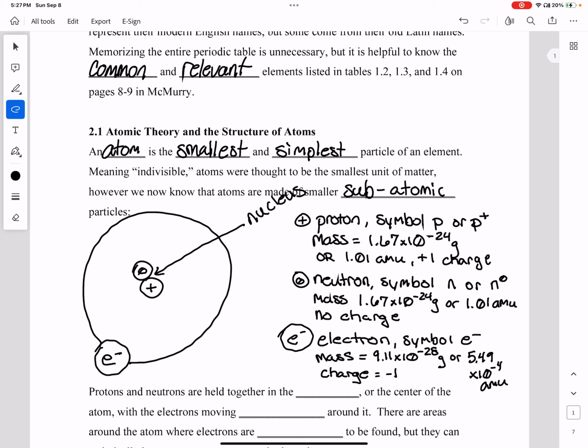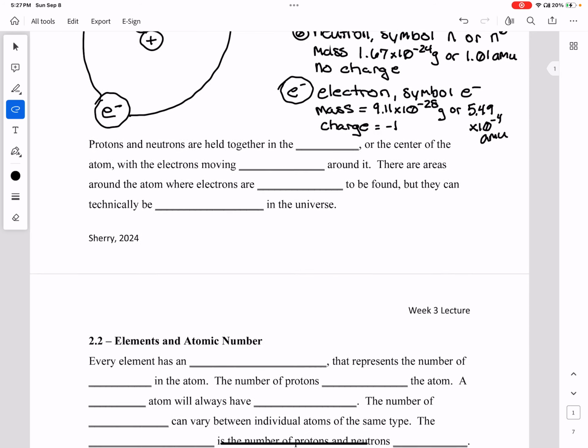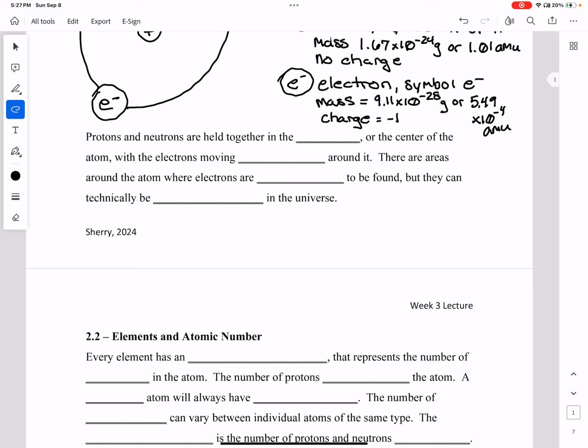So an atom, if it's going to be neutral, is always going to have the same number of protons and electrons. If you have an imbalance between the two, it's called an ion. It's a charged atom. So protons and neutrons are held together in the nucleus, the center of the atom, and the electrons are moving randomly.